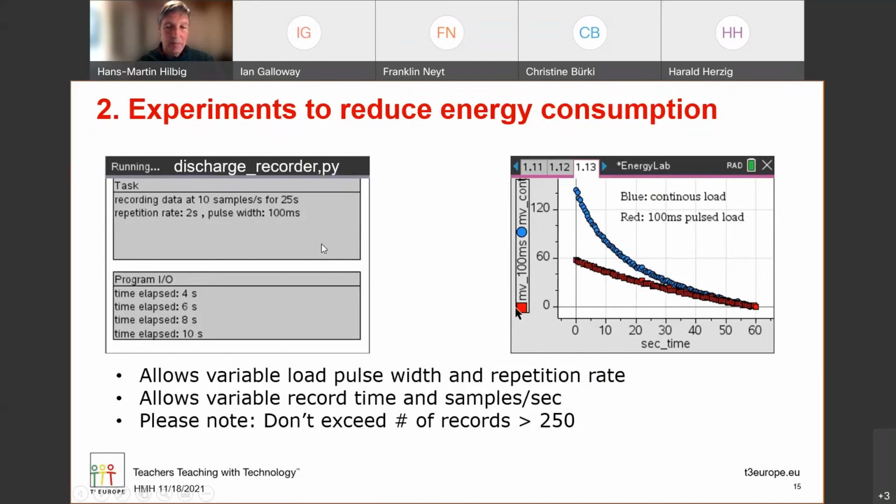And then I can look at the recorded data, and I can see how energy or charge is consumed over time when I have a continuous load, which is the blue graph here, versus only a 100 millisecond pulse load, which is way lower energy consumption or charge consumption over time. So you can really make up a lot of experiments here by using the Discharge Recorder.